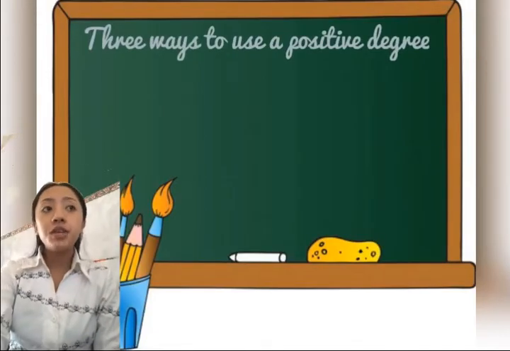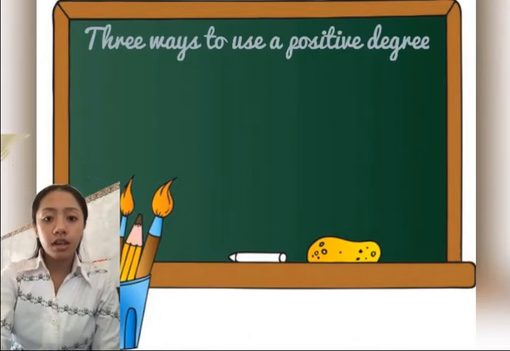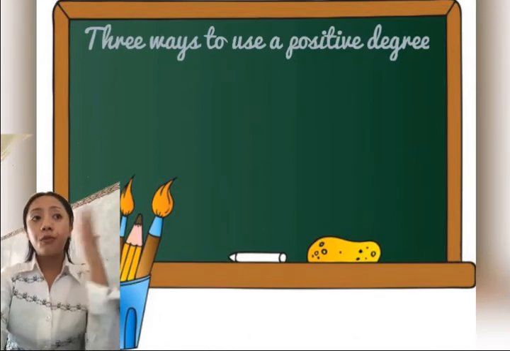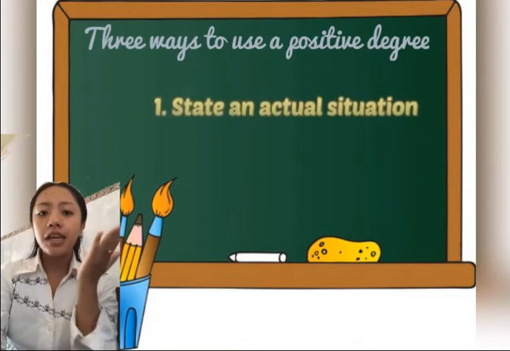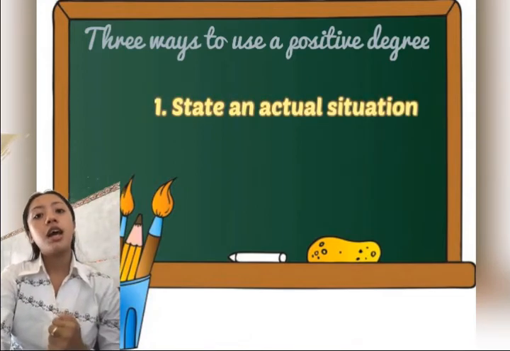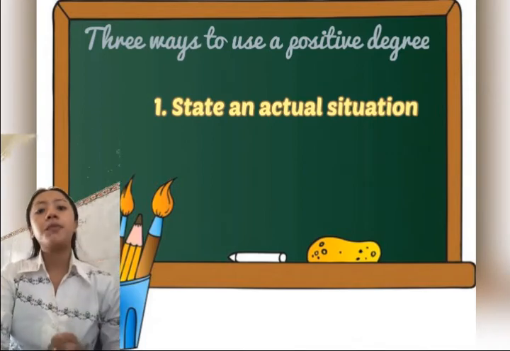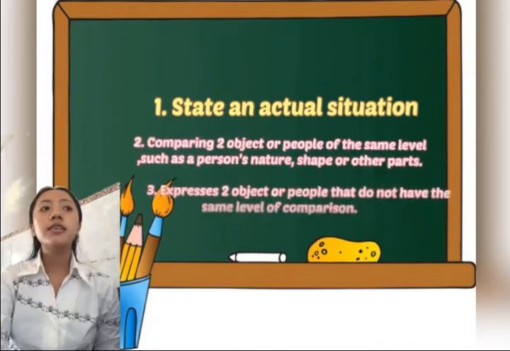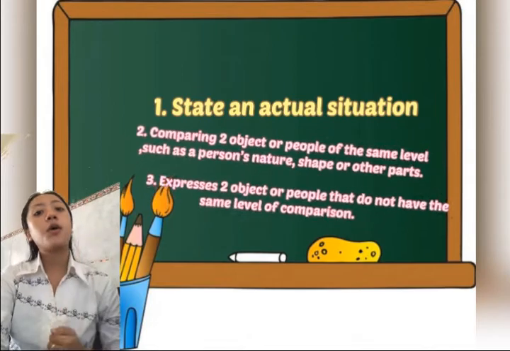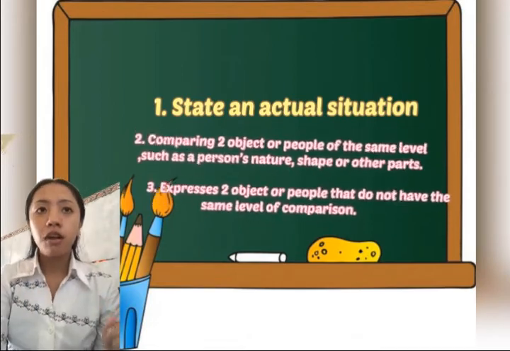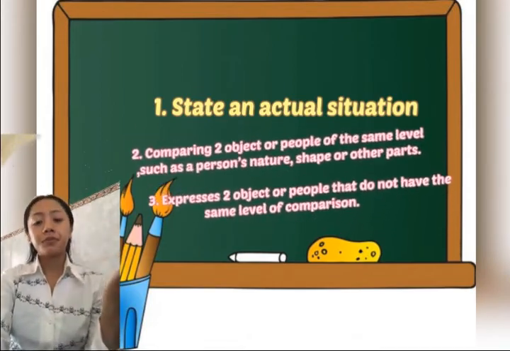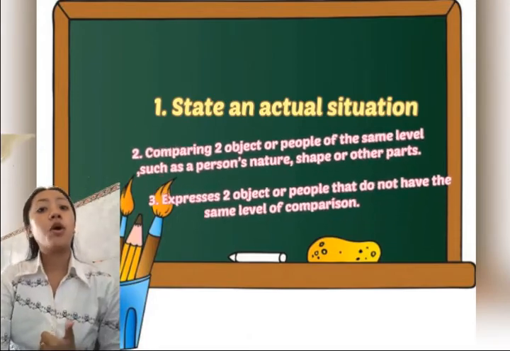There are three ways to use a positive degree as follows. The first point is to state an actual situation. The example of this point is Sophia is a diligent girl. The second point is comparing two objects or people of the same level, such as a person, nature, shape, or other part.